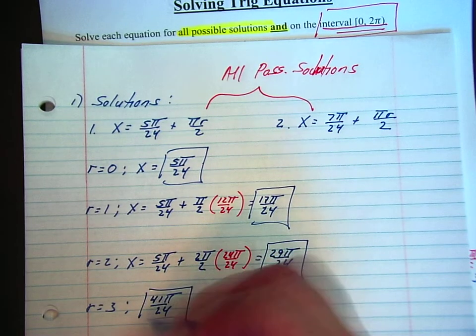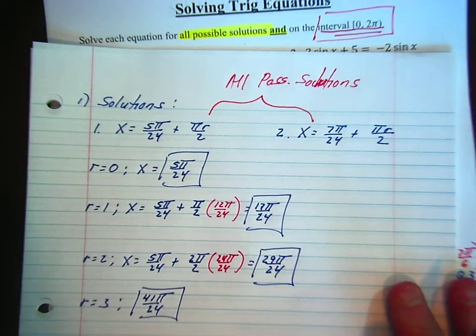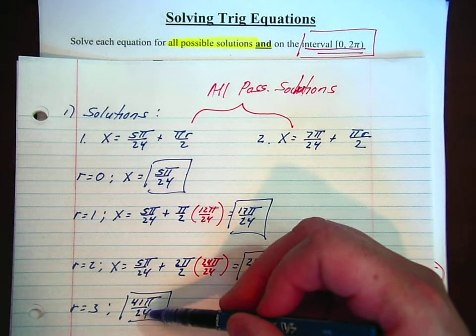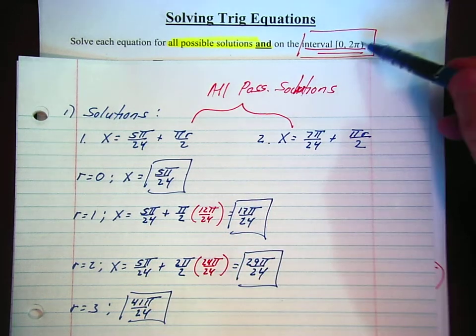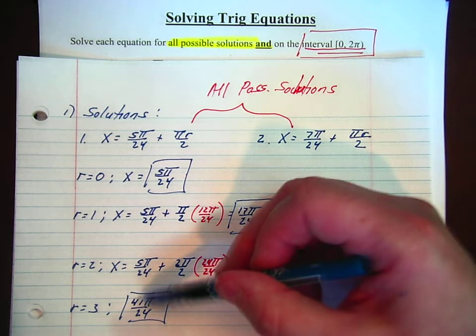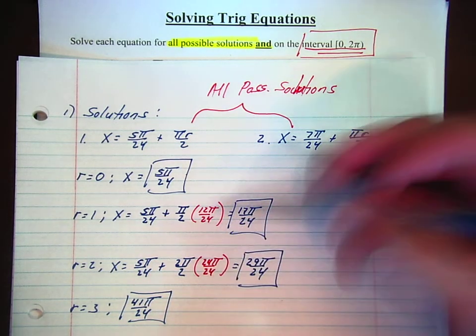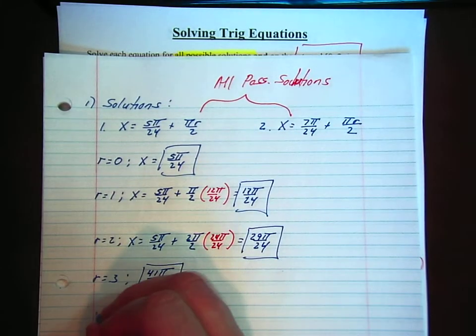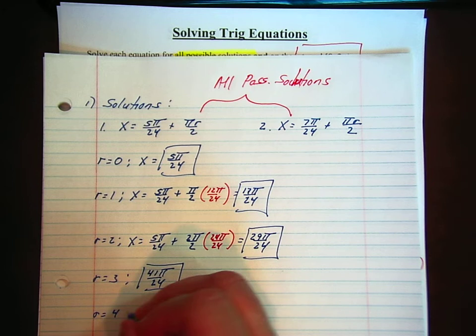That's an answer. And you might want to figure out ahead of time when you're going to stop. So if you think about what number over 24 would be bigger than 2 pi, it would be 48. 48 over 24 is going to be too big. And that's what's going to happen on the next one. The next one's going to fail. So I'm going to write it anyway because I want you guys to see the one that fails. Here you go.